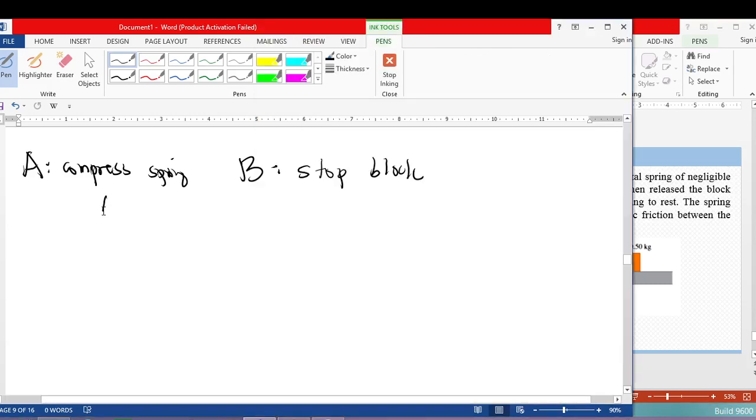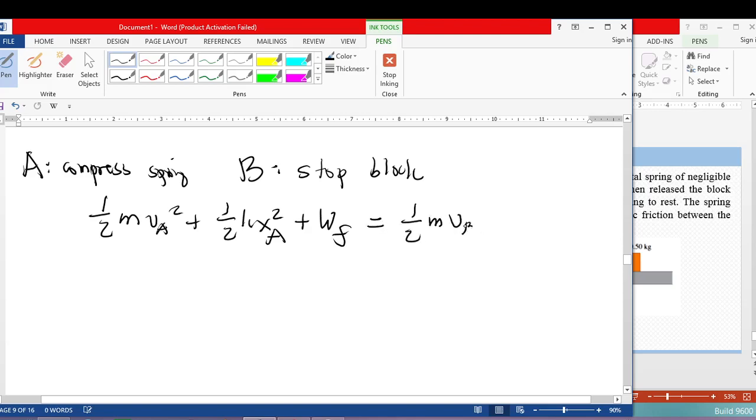So we have to use this equation: 1/2 m vA squared plus 1/2 k xA squared plus the work done by friction, because there is other work, equals 1/2 m vB squared plus 1/2 k xB squared.